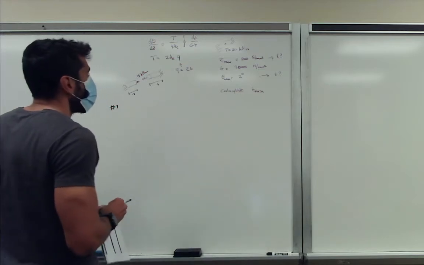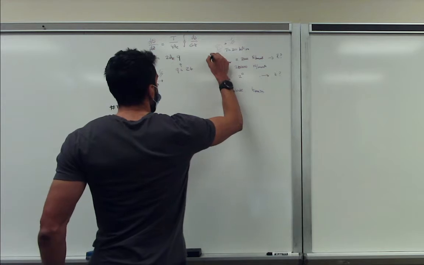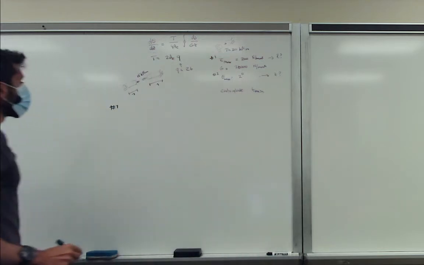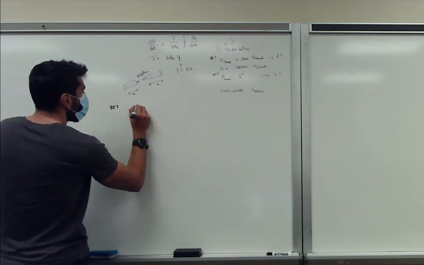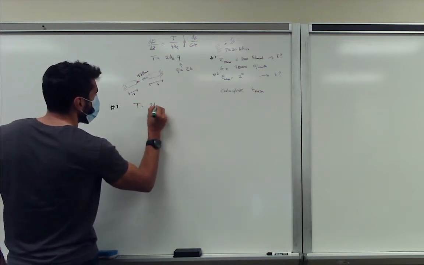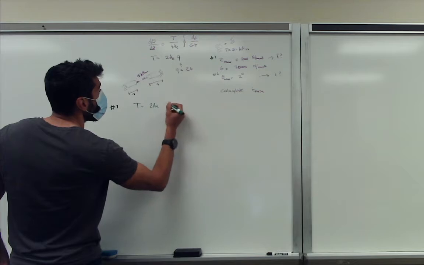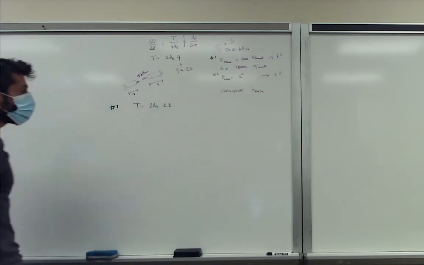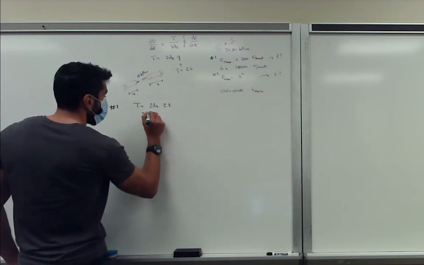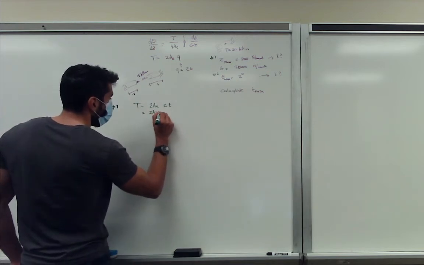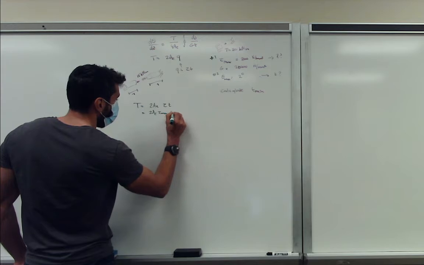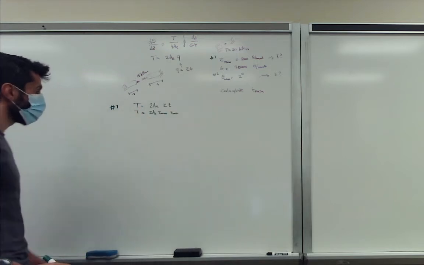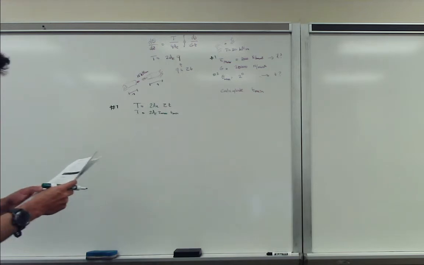Let's call that requirement 1, and this is requirement 2. So for 1, we can just rewrite this: torsion is equal to 2 times the enclosed area times the shear stress times thickness. If you have the maximum shear stress, that is our minimum thickness. And now we can just plug this back in.